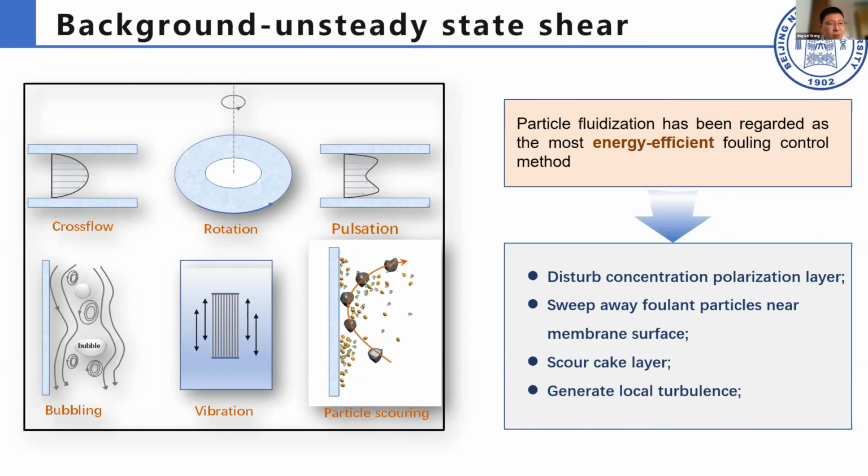The methods include cross flow, rotation, the position flow, bubbling shear, vibration, and also particle scouring, among which particle fluidization has been regarded as the most energy efficient. Its function is to disturb the concentration polarization layer, sweep away the fouling particles from the membrane, and scour the cake layer. It can also generate local turbulence.